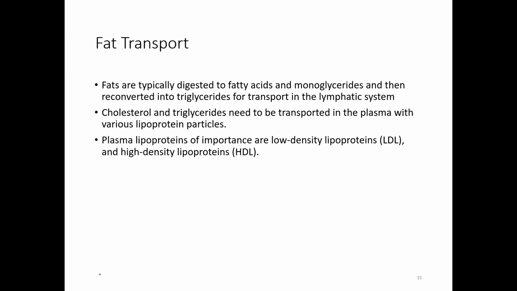The lymphatic system's role is to collect interstitial fluid from outside the cells. Where did the interstitial fluid come from? It was plasma. Plasma leaks out of the blood. It becomes interstitial fluid, salt water, which surrounds the outside of all of our cells. There's a layer of interstitial fluid around all cells.